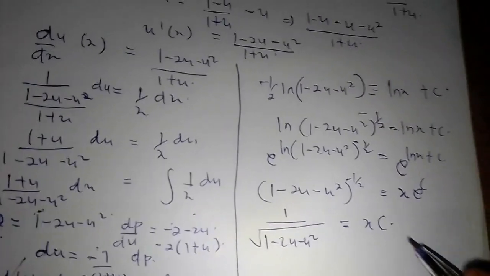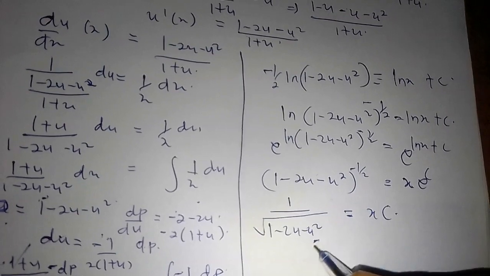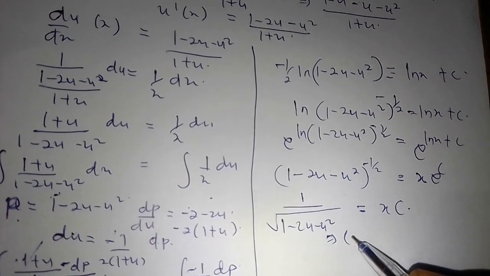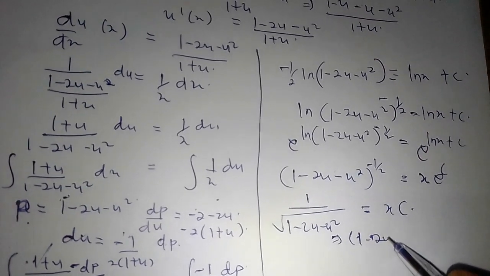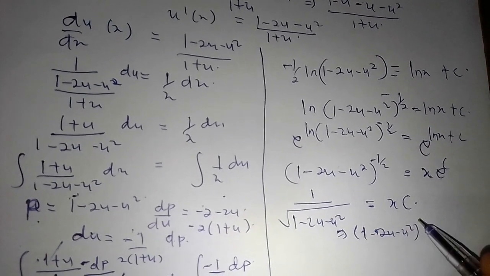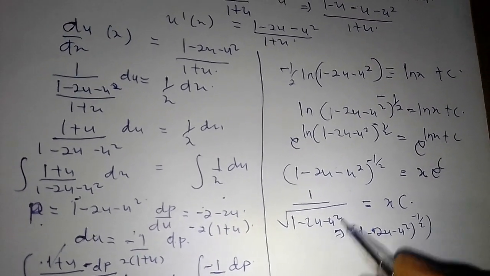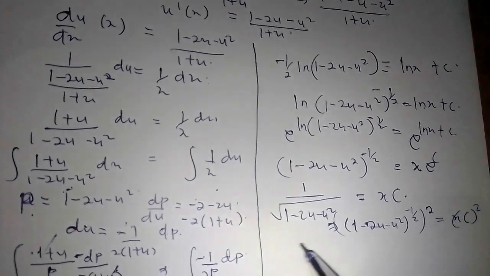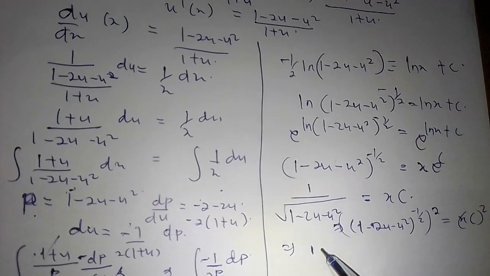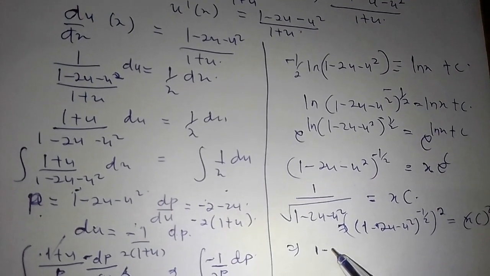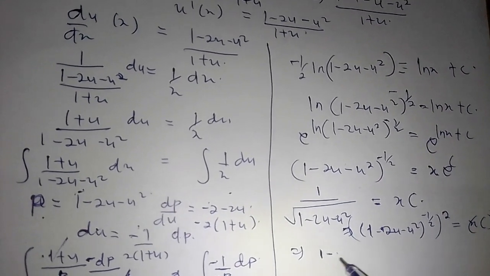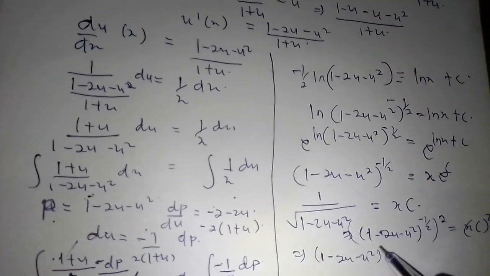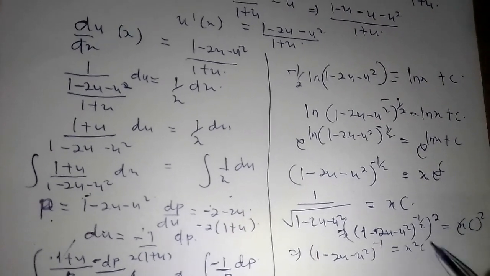Applying our normal algebra, let me return it to this form: (1 minus 2u minus u squared) to the power negative half, then I'll square both sides, is equal to (xc) all squared, and that should give me (1 minus 2u minus u squared) to the power negative 1 equal to x squared c squared.